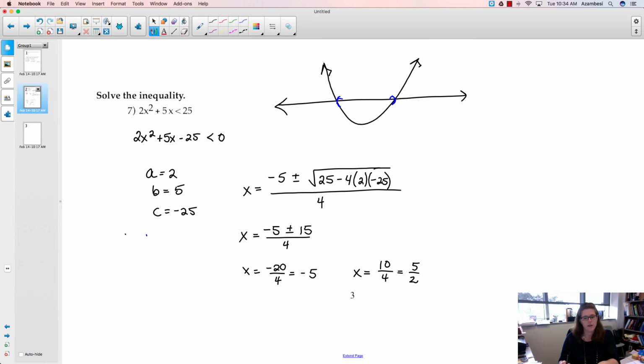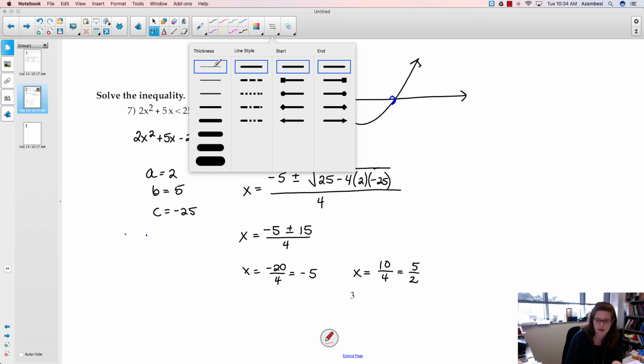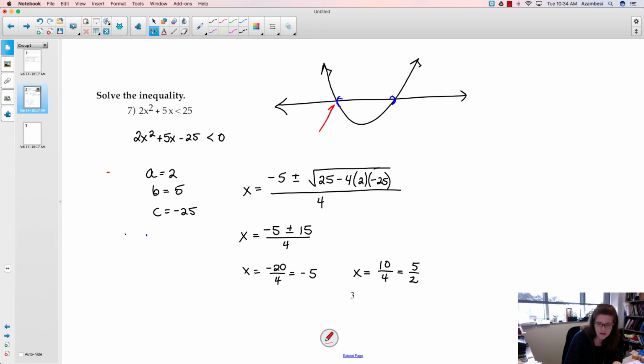So graphically, if you're thinking about this, then you have two different places where this crosses the axis. It crosses the axis at this point, negative 5, 0. And it crosses the axis at this point, 5/2, 0. So the solution set to this particular inequality is the region between those two values of x.